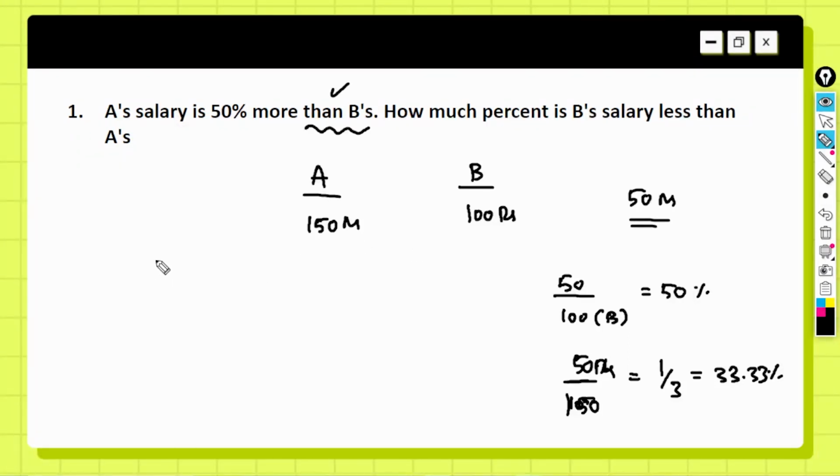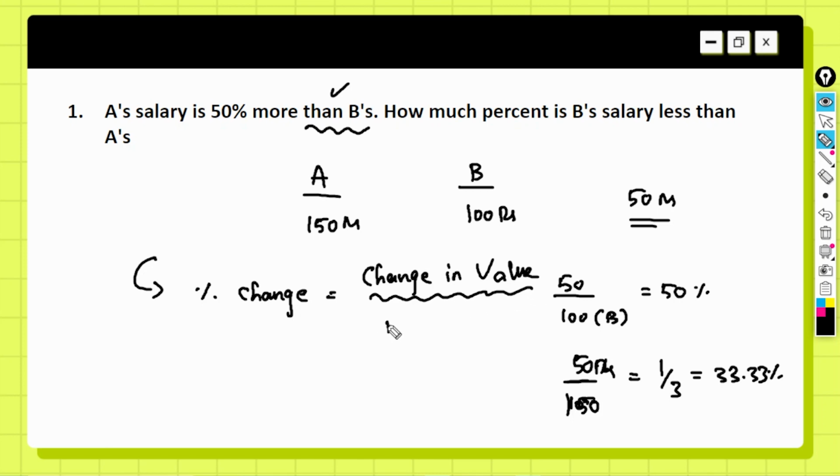In these types of problems, percentage change can be written as change in value divided by base value, or the original value. Change in value is 50 rupees, and the base value is whom I am supposed to compare with. Here the question is by how much percentage B's salary is less than A. Than A meaning A's salary has to be compared, which gives 1 by 3 or 33.33.